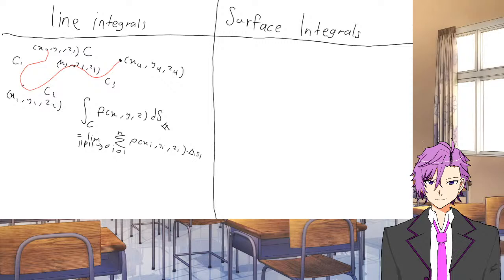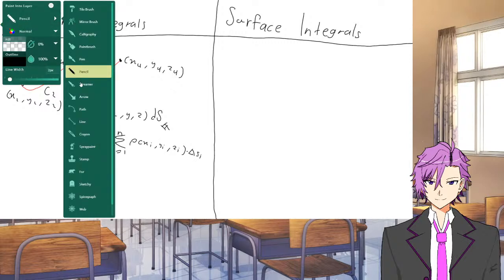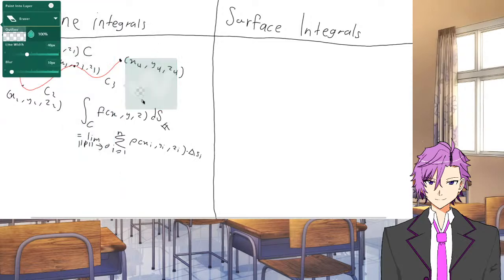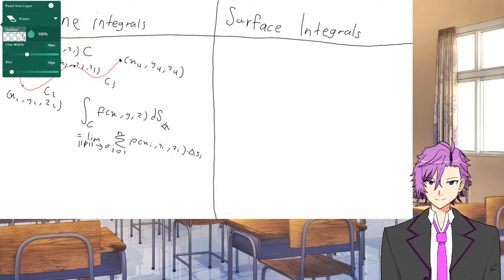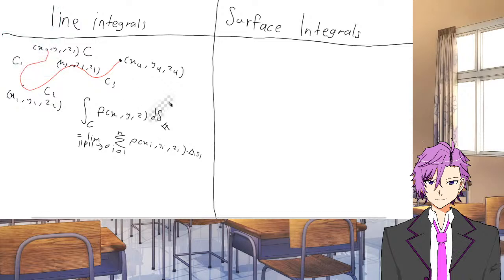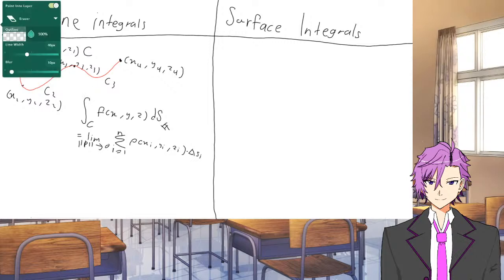So if you want to integrate this, like getting a pencil, to get my pencil, here's my eraser, so whoa, okay, no, that's not how you do it. How does this work? Let me see.